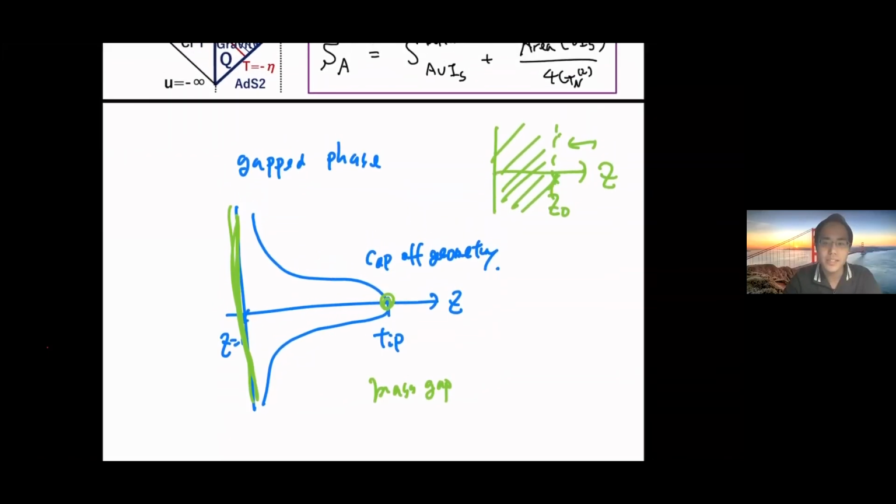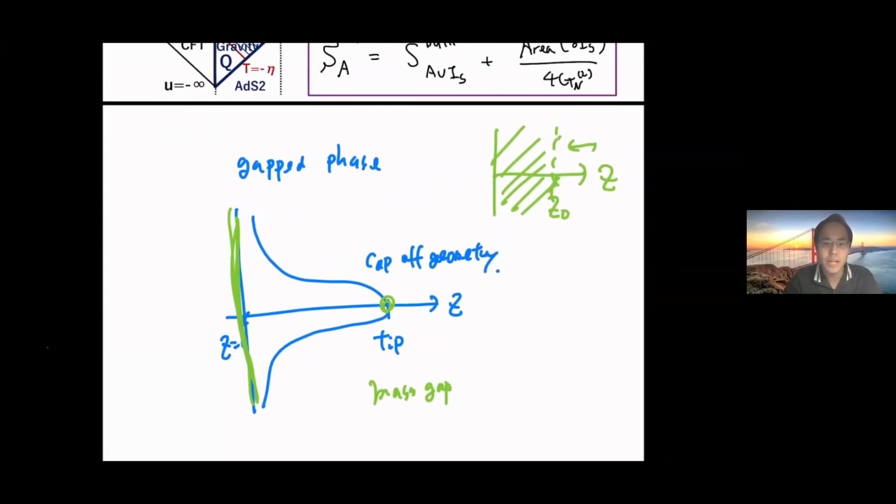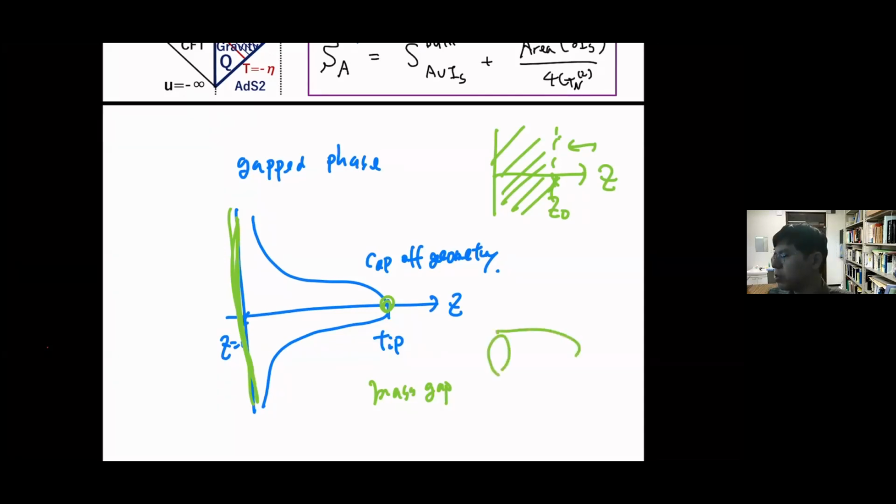My question is, can the constant Z equals Z0 plane, or in the left figure, the blue curve on the right, be viewed as a brane? No, it's not a brane, just geometry, the geometry just ends. I mean, the geometry looks like this, and this point is just a smooth point, no brane at all. Okay, thank you.